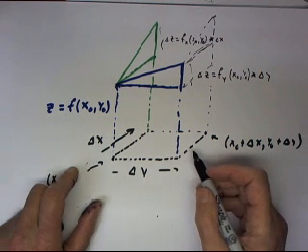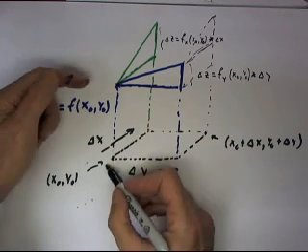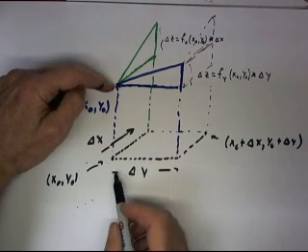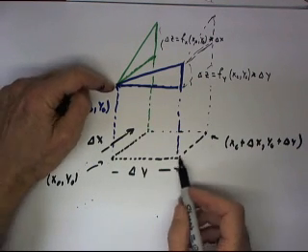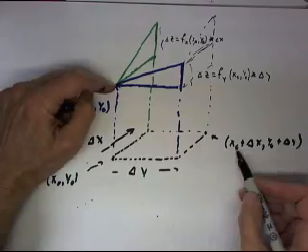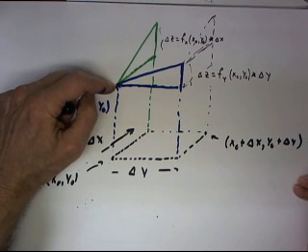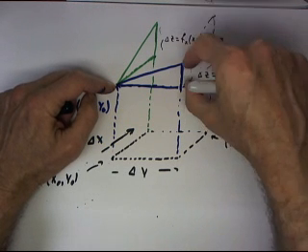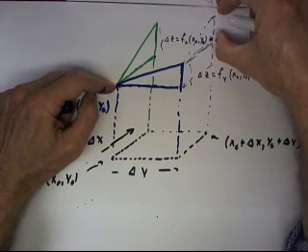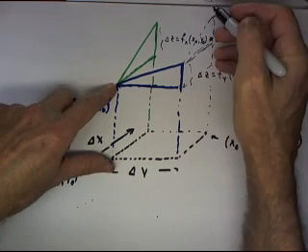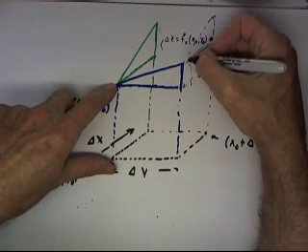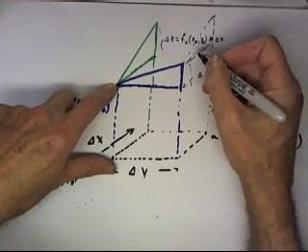And we can say that as we move from x naught, y naught over to x naught plus delta y, and then to our final point, x naught plus delta x, y naught plus delta y, we have this change in z added to this change in z.